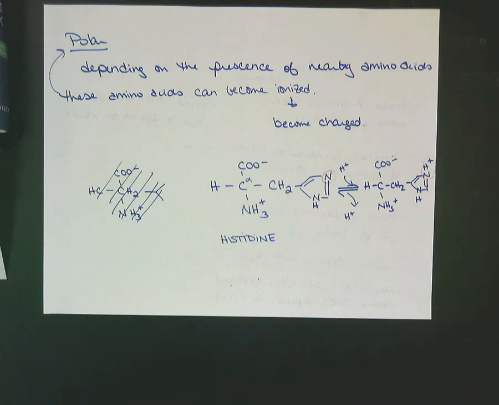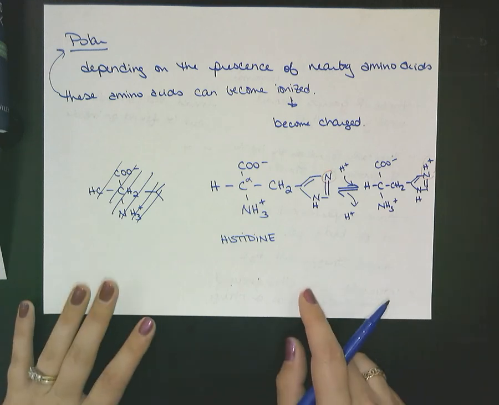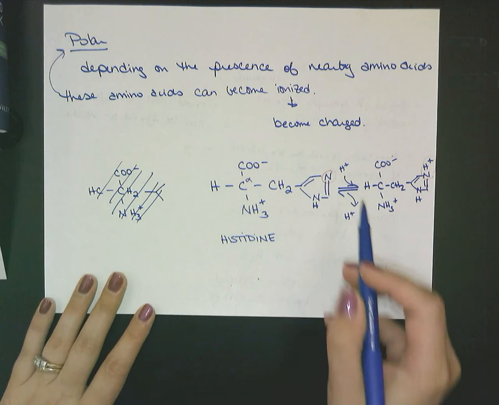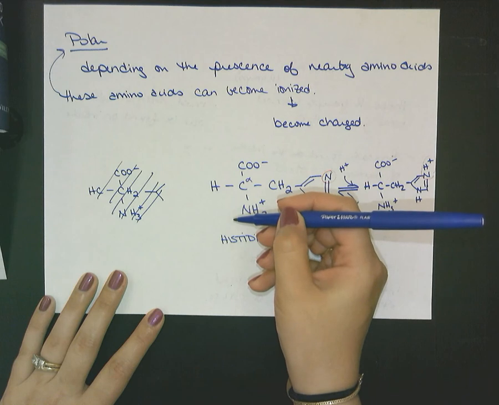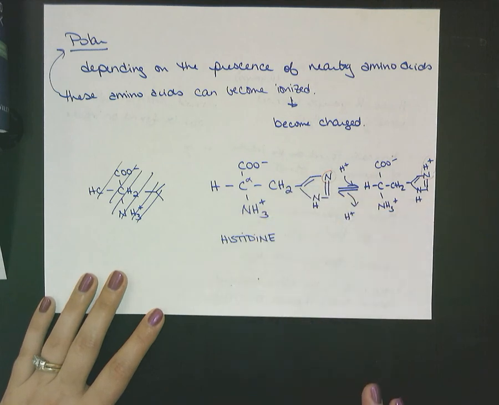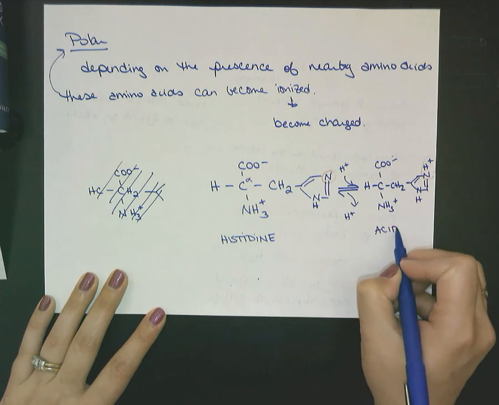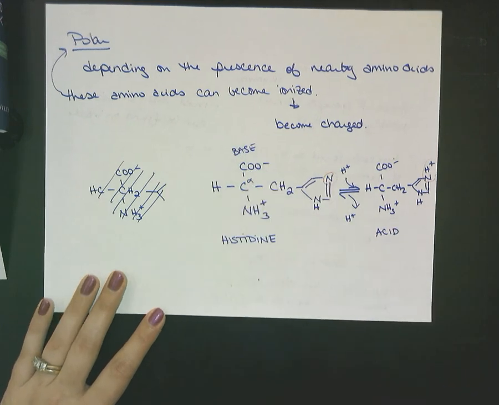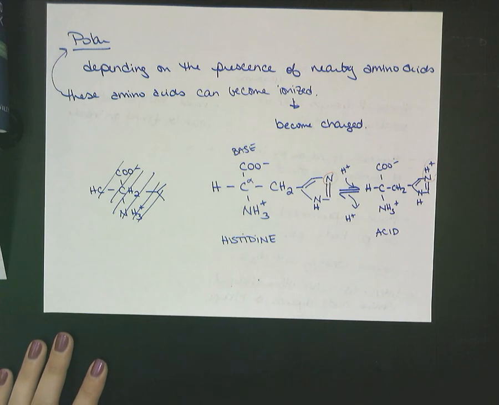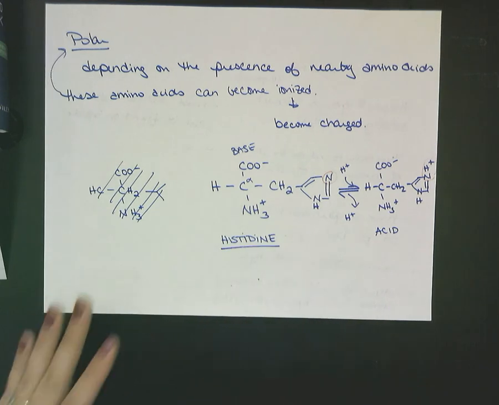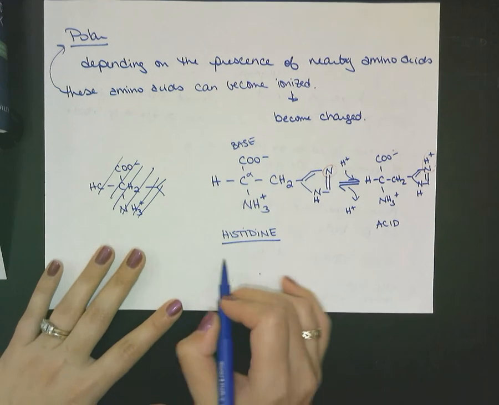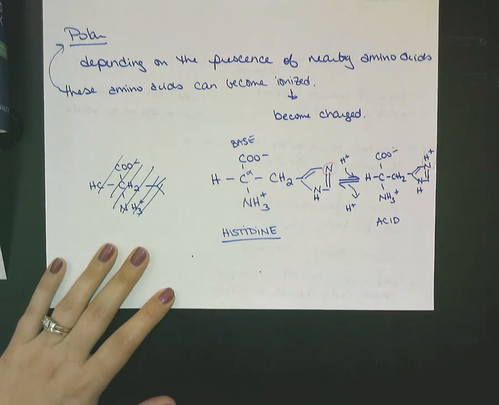So histidine has the unique property of being able to act as an acid or a base, because it can either accept a proton going this way, or it can donate a proton going that way. So histidine is going to be one of our unique amino acids that has a lot of different properties depending on what the other amino acids around it are.